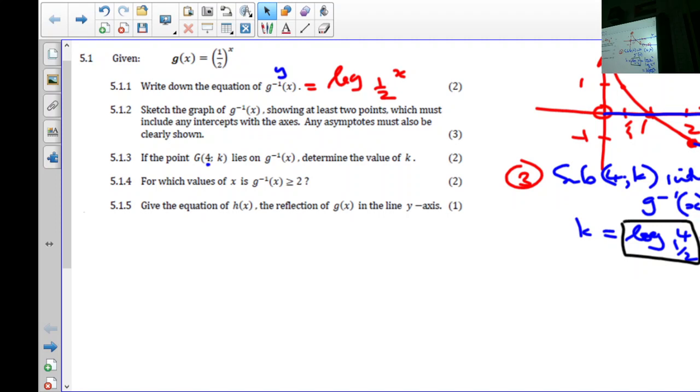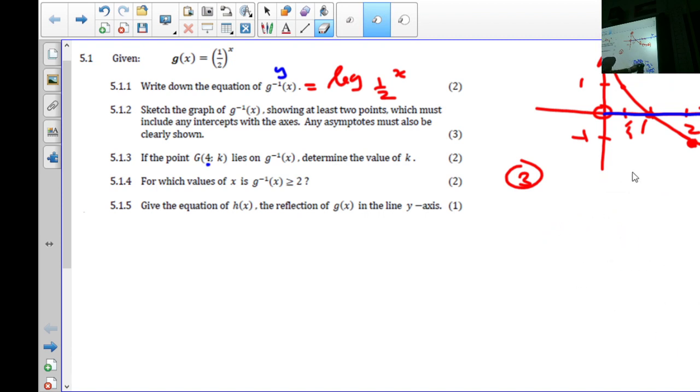Then in question 4, they want to know for which values of x is the inverse function greater or equal to 2. Okay, so I need to take this off here.